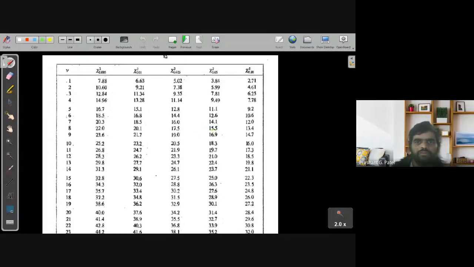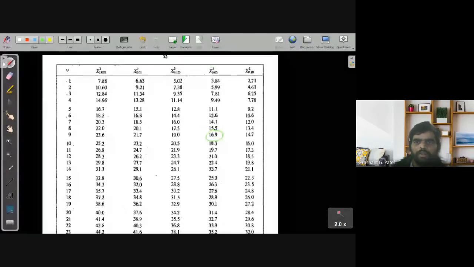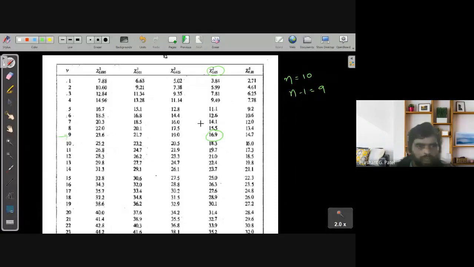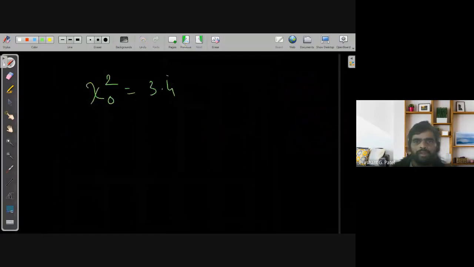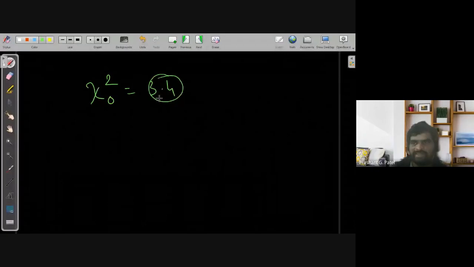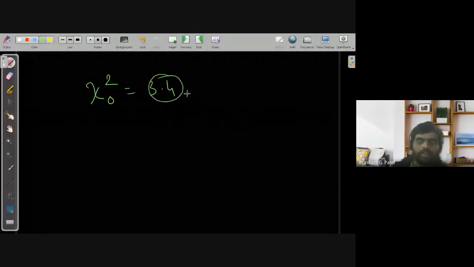This is chi-square 0.05, and as your small n is 10, it is n minus 1, so it will be 9. So the ninth row here, and alpha is 0.05, which is already given to you. So 16.9 is your chi-square 0.05 value, and our observed value is 3.4, which is less than this. So we will not reject the null hypothesis.